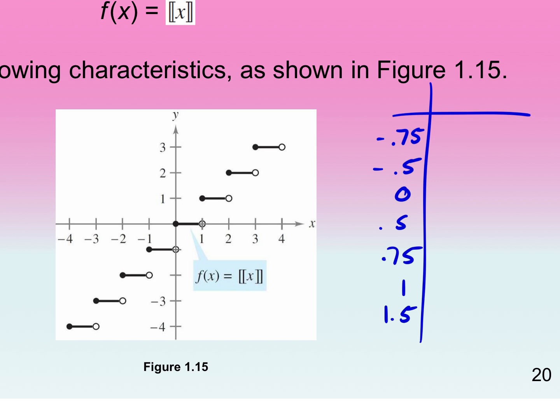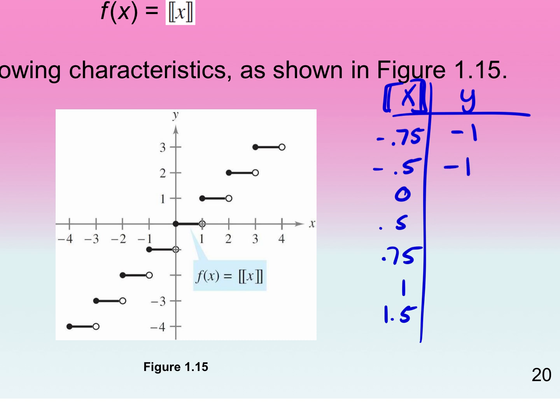So just to give us a few examples. So these are x. So if I'm asking for the greatest integer of x, the y that we would get, so if we had the greatest integer of -0.75, what is the greatest integer that is less than or equal to -0.75? -1, awesome.